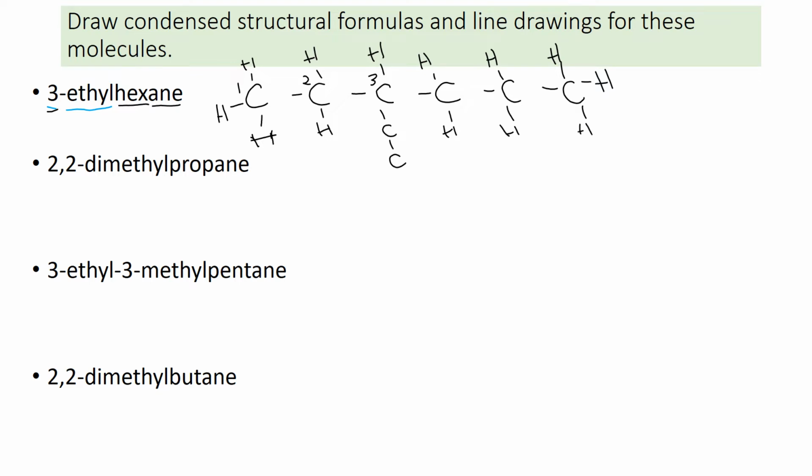Now this is not the condensed structural formula because we're writing all the hydrogens separately. For the condensed structural formula, we group the hydrogens. So here's what I'm going to do. I'm going to erase these hydrogens, and instead I'm going to write it as H3. Same thing here.